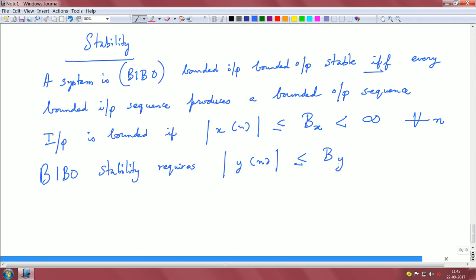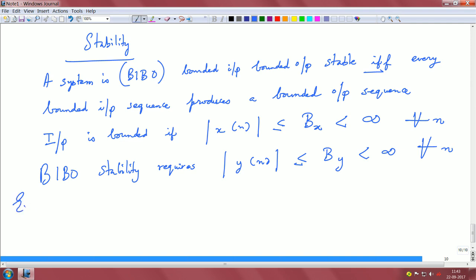That means there exists some B suffix y which is strictly less than infinity, such that the magnitude of y of n is less than or equal to B suffix y for every n.